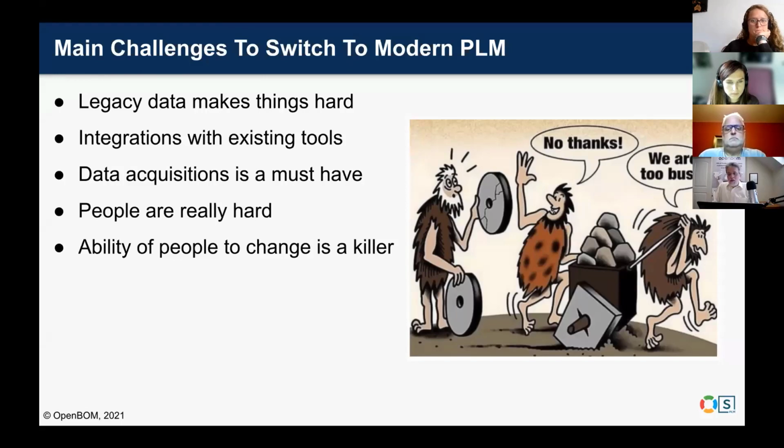And then people are really hard, making them believe that they can change. It's the biggest challenge, because people need to understand how to answer the question why. When we come to companies, we help them get this answer. Why do they need to change? Why is it important for them to stop losing data?